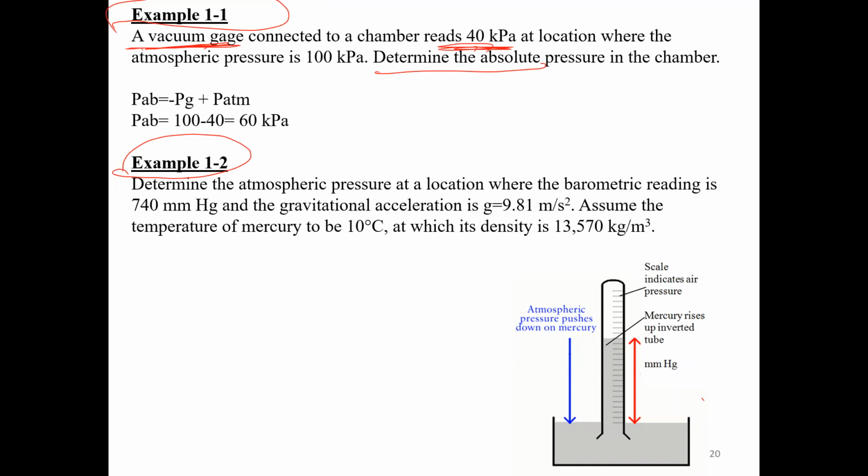And when you put the tube inside a tank filled with mercury, you'll find that the mercury will have a fixed level, doesn't go down, will stop at a certain level.